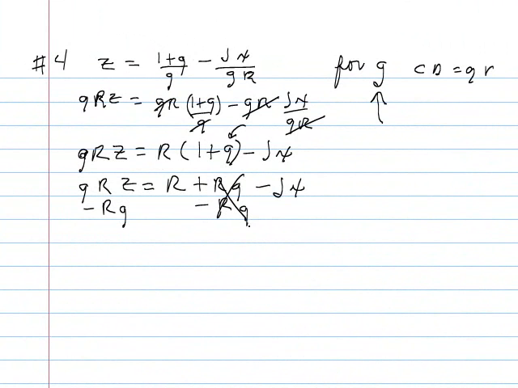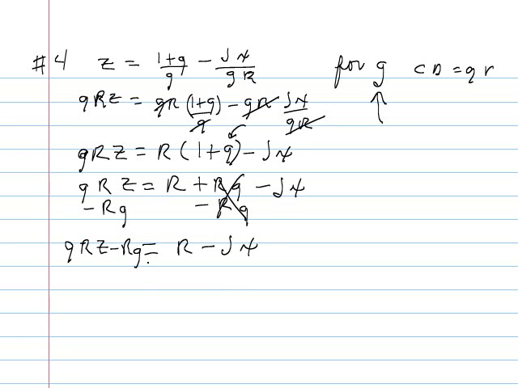Then those two terms will zero each other out, so on this side I will have no G terms, that's plus 0 minus JX. And on this side I'll have two G terms, GRZ minus RG.